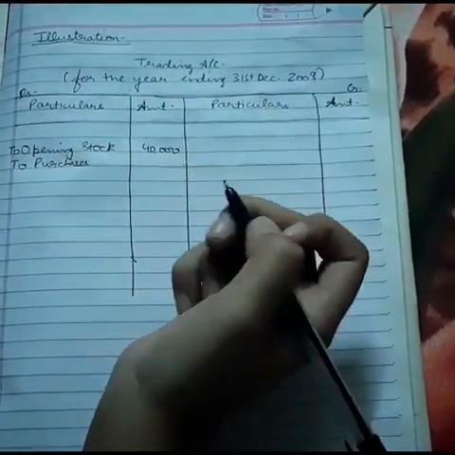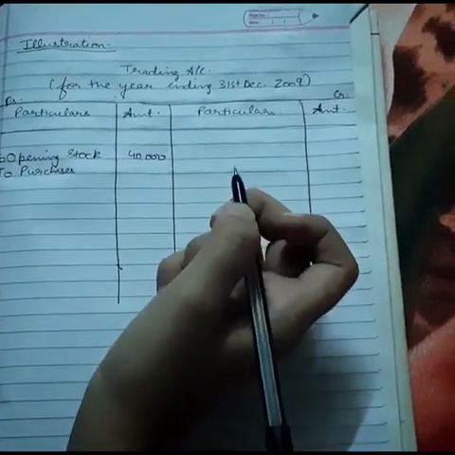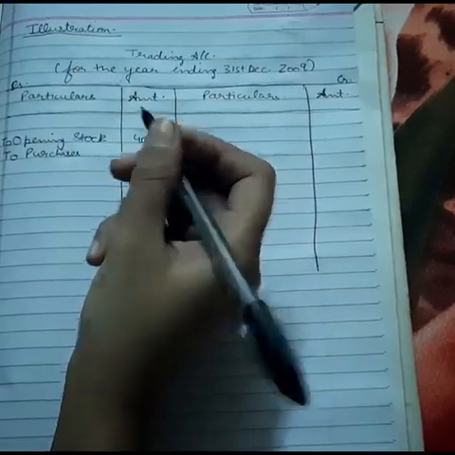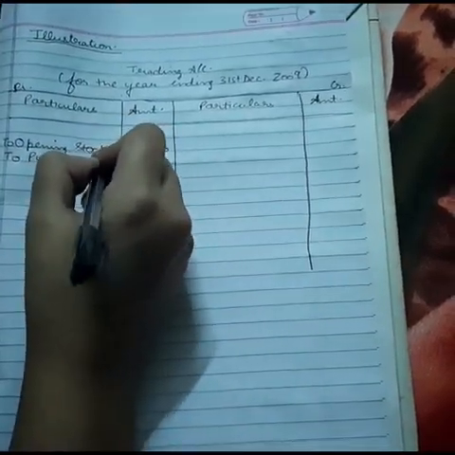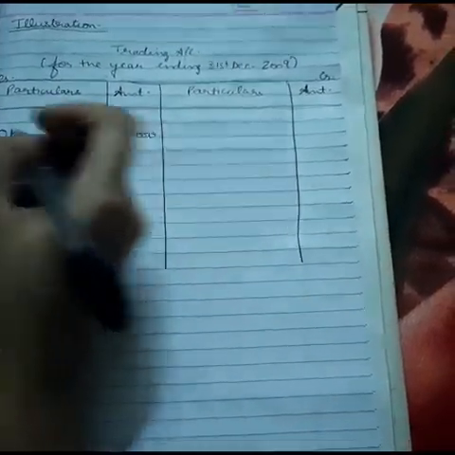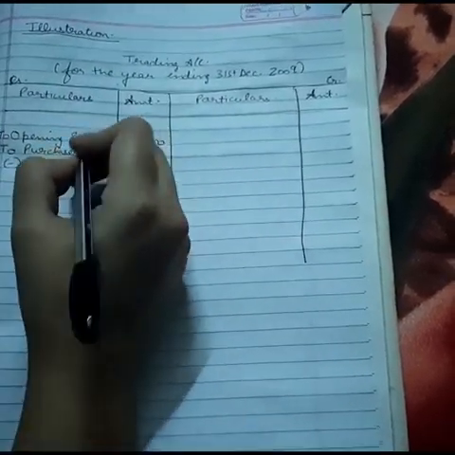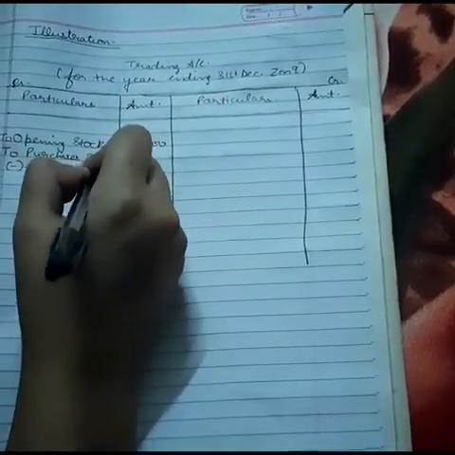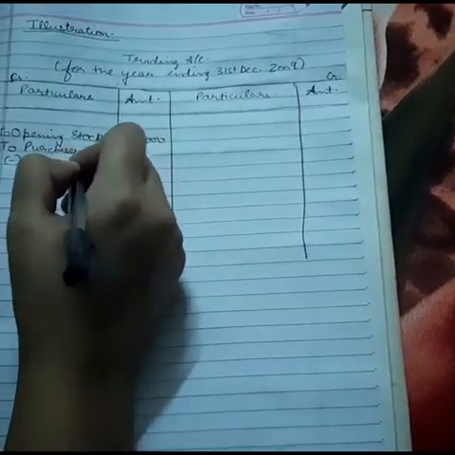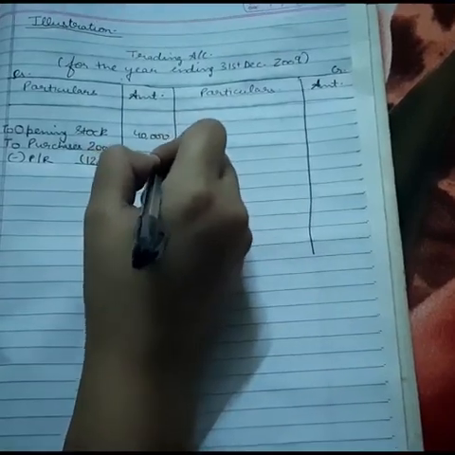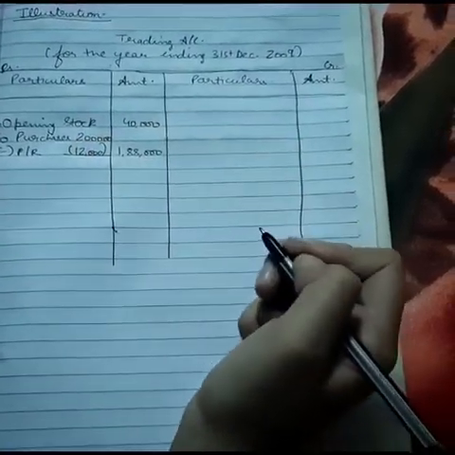If there is purchase return written in the question, then we will be deducting purchase return from the purchases. So purchases is 2 lakh and we will be deducting purchase return, which is 12,000. The deducting items are shown in the bracket and the final amount is shown in this column.